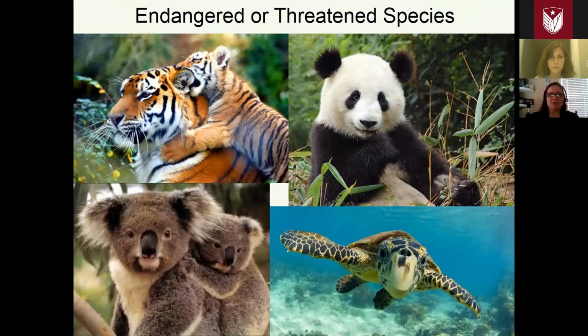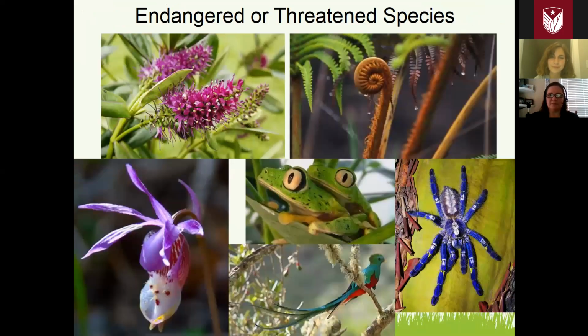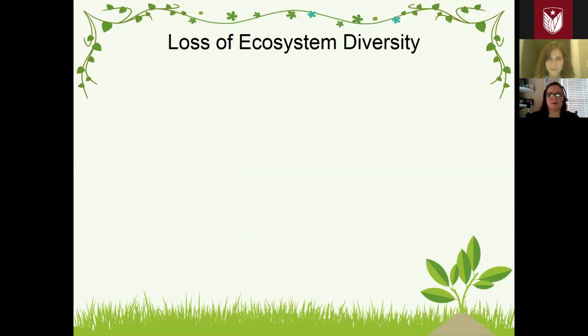It's always fun to just show some beautiful pictures. Unfortunately, these are endangered or threatened. And then the ones that maybe don't always make the posters, but still plants and insects and things like that are also threatened.